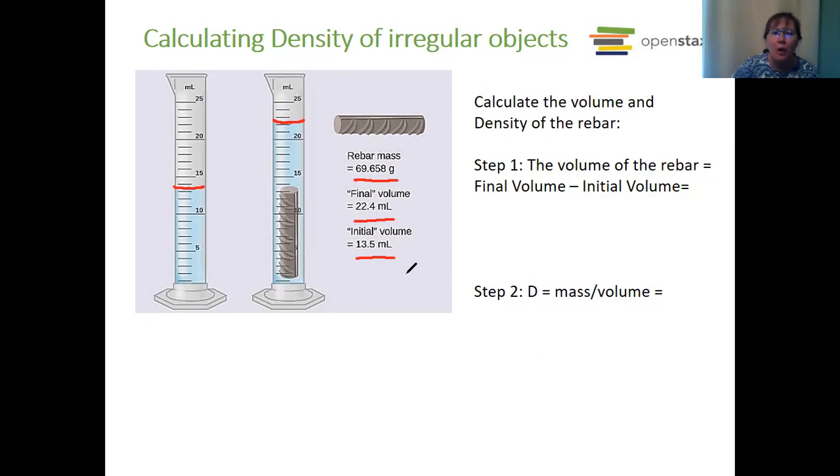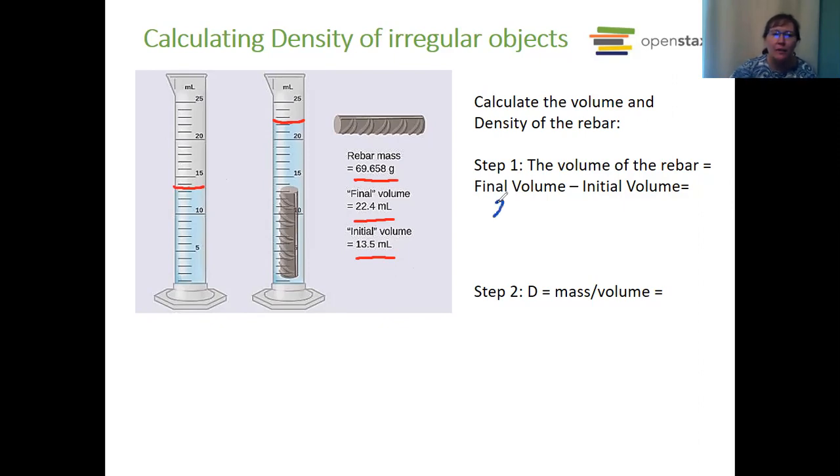Step 1 says the volume of the rebar equals the final volume minus the initial volume. First we're at 13.5 milliliters. We drop our rebar in and the water level goes up. So the volume of the rebar is equal to the amount of change that we had there.